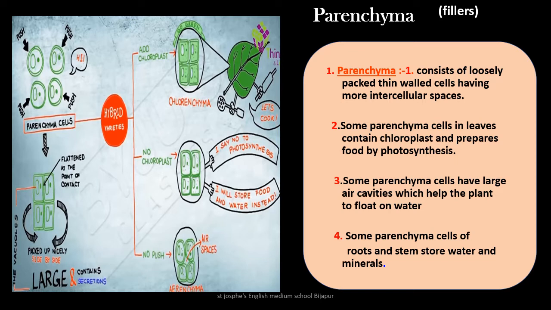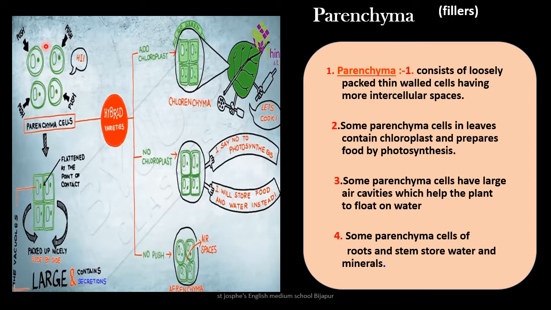Now let us see the first in the category of simple permanent tissue, that is parenchyma. Parenchyma is known as filler tissue. Here are the characteristics of parenchyma.